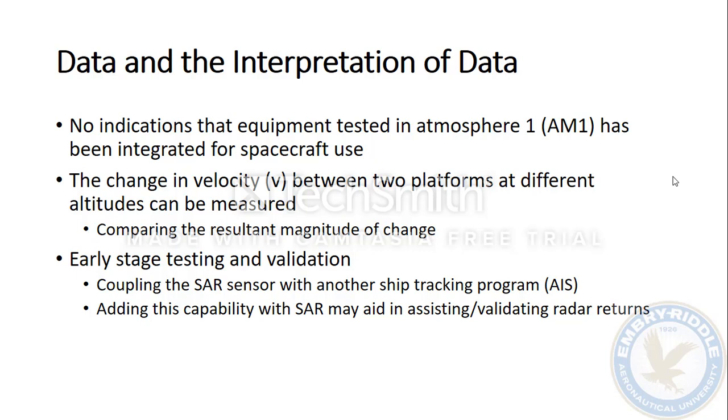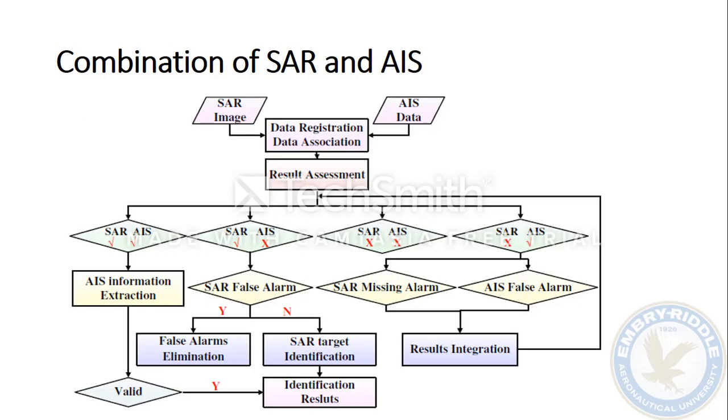So we can add this capability with a UAS, which, again, I've flown with AIS integrated into our aircraft, and I flew a helicopter, so if that doesn't tell you, these boxes are pretty small. So adding it on to the SAR sensor itself and the SAR boxes or components may really assist in validation of those radar returns.